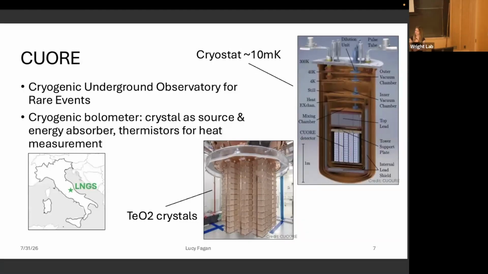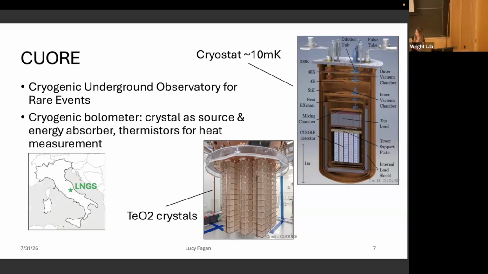Getting into our experiment, the original experiment is called CUORE. It stands for the Cryogenic Underground Observatory for Rare Events, and it's located in Gran Sasso, Italy, underneath a mountain. In the top right, we have our cryostat, which is cooled to around 10 millikelvin, which, fun fact, I'm pretty sure it's the coldest cubic meter in the world.